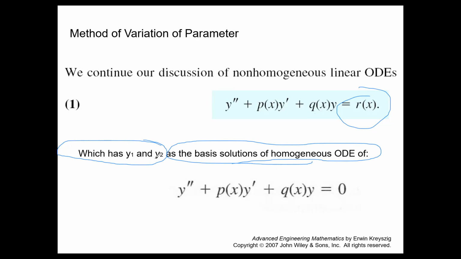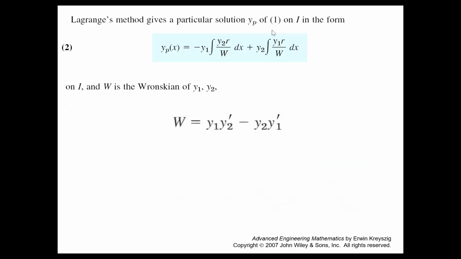We're going to utilize the knowledge of the solution of the homogeneous one, y1 and y2, to find another solution. So we utilize this formula. But remember, we can do this only if we have the knowledge of y1 and y2, which we get from the homogeneous solutions.